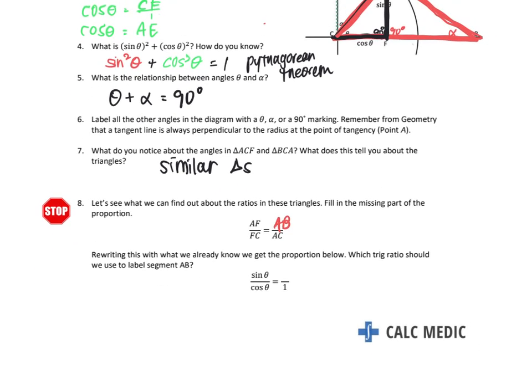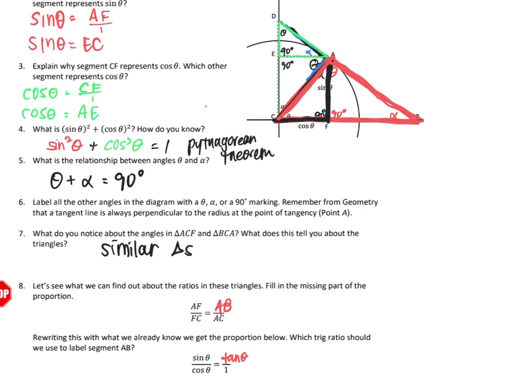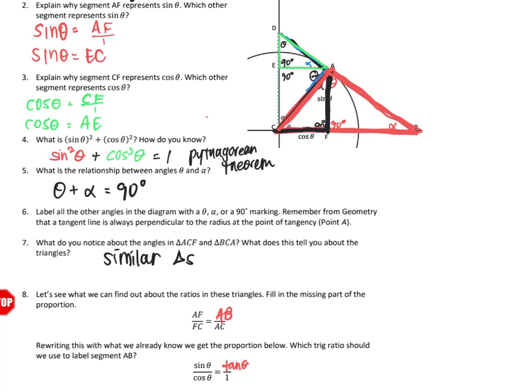Okay, and then rewriting this with what we already know, we get the proportion below. Which trig ratio should we use to label AB? Well, sine over cosine we know is tangent theta. So doesn't that make sense?